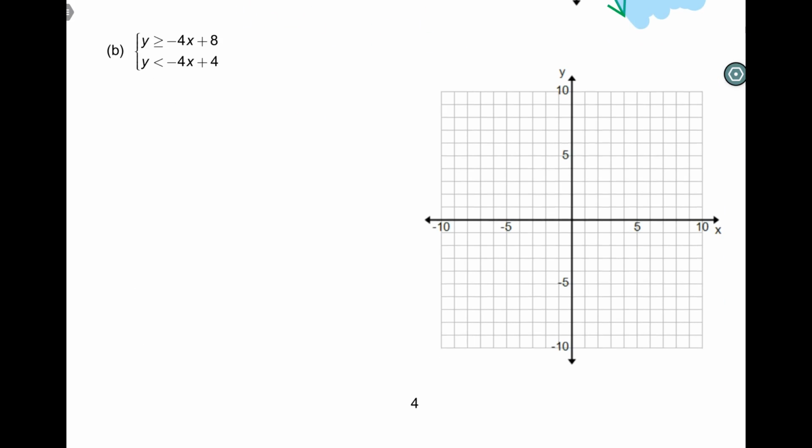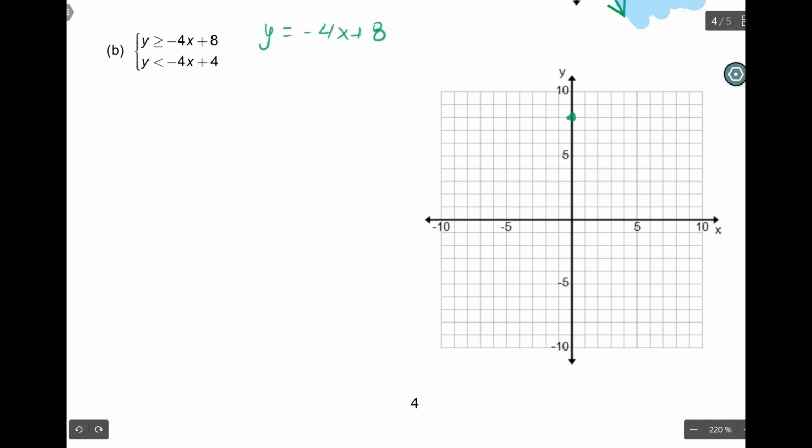Alright, so the next one, B. I'm going to plot y is equal to negative 4x plus 8. I noticed that there's an or equal to, so I'm going to have a solid line. My y-intercept, 5, 6, 7, 8, is at 8.